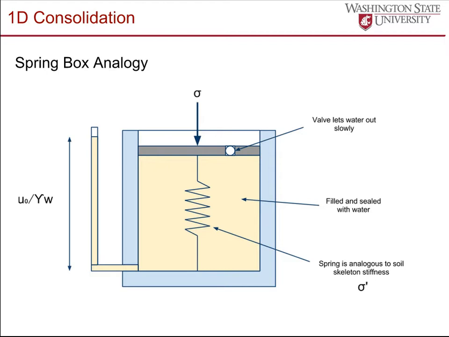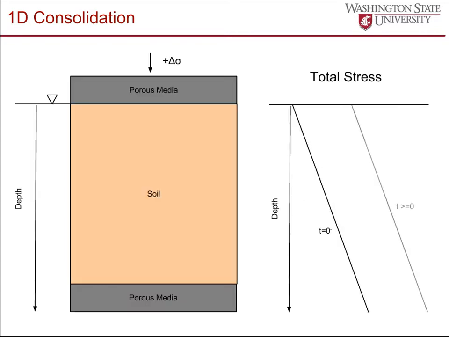Now initially the stress on that soil is carried by the water, but over time it is carried by the soil in terms of effective stress as that water leaks out. Your total stress here is increased and remains increased over time. That's the change in stress.